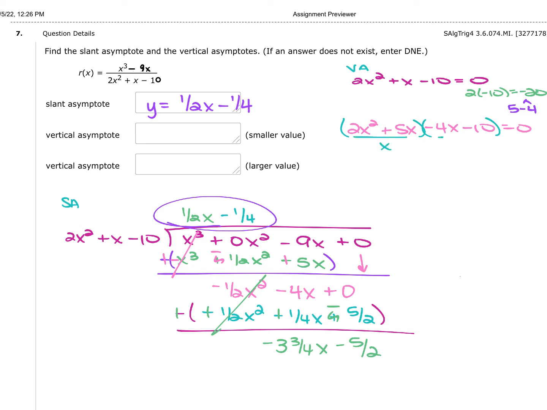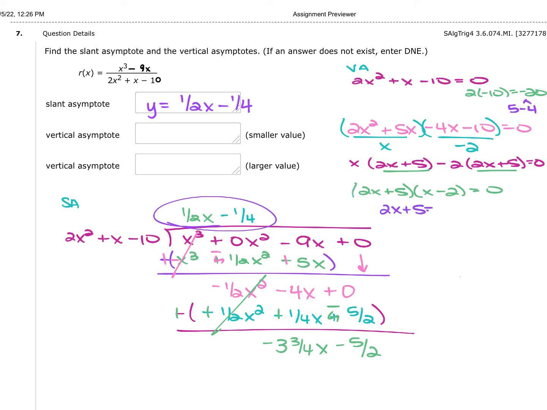Factor out an x from the first. Factor out a -2 from the second set of parentheses. That leaves you with x times 2x plus 5 minus 2 times 2x plus 5 is equal to 0. Your two sets of parentheses are the same, so this gives you 2x plus 5 times x minus 2 is equal to 0. We set them both equal to 0, and we solve. For the 2x plus 5 is equal to 0, subtract your 5 from each side.